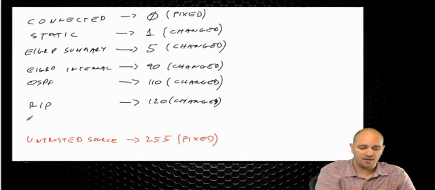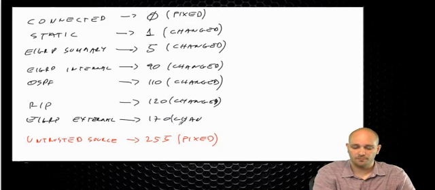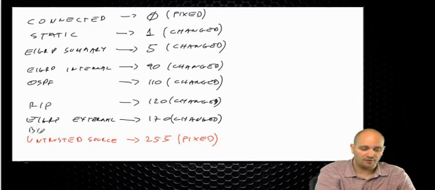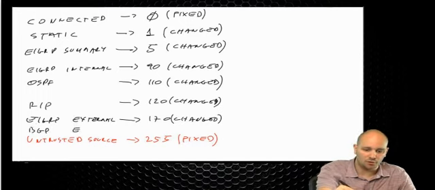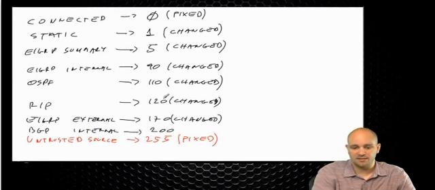Then we have EIGRP external routes with 170, and this of course can be changed. And finally, we have BGP externals. Oh, I forgot the BGP externals. Missed those. So I'll have to go back and fix that. But anyways, so BGP internal routes with admin distance of 200.